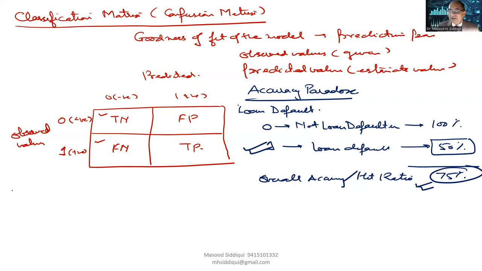In the same way, suppose we have some unbalanced data, like financial frauds. We have only two categories: one is fraud and the other is normal transaction, non-fraud.